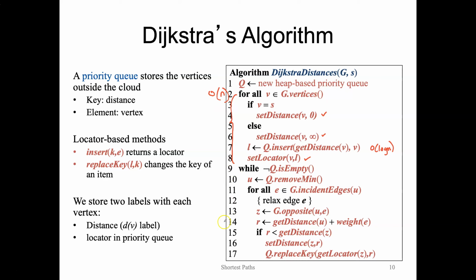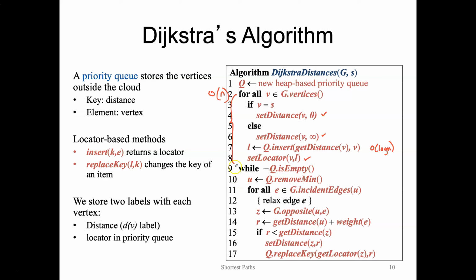Now let's look at the last few lines. We have a while loop, which goes through essentially each vertex in the graph, because we'll empty out this priority queue, which has all vertices in the graph, removing a vertex which has the smallest priority, the smallest distance label, and then we keep that vertex outside, we don't add it back to the heap.